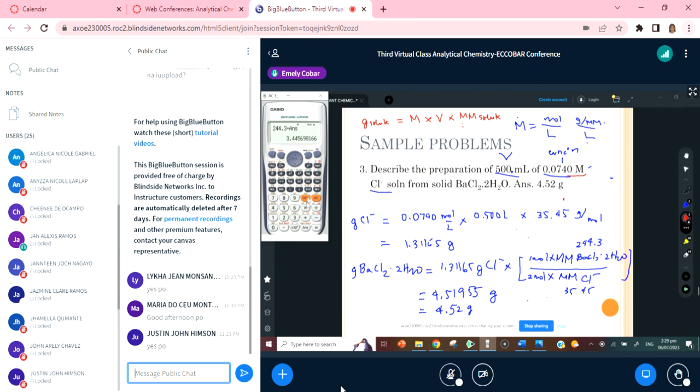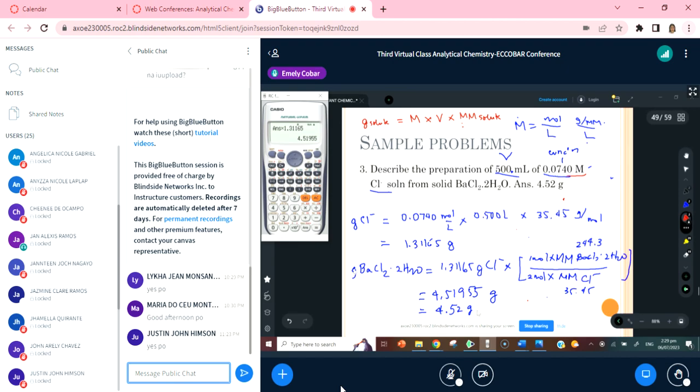Then we multiply with 1.31165. Look at the answer, class: 4.52 grams. Three significant figures, because all my values have three significant figures.